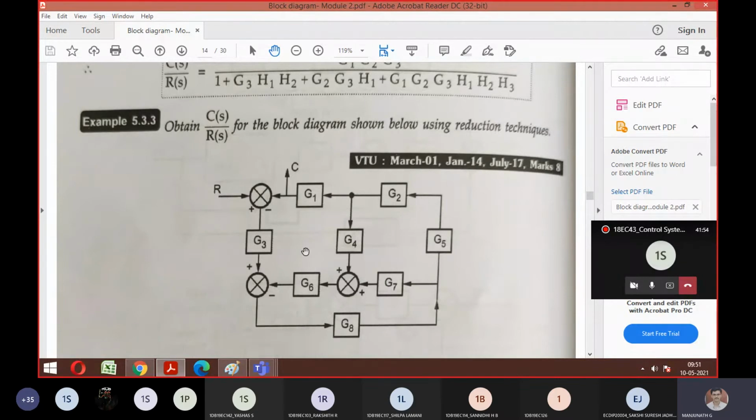If you get confused solving the problem in the same manner, you can rearrange this diagram. How to do the rearrangement, guys? What is the procedure you have to do? If I want to fix my input at the input level and C of S at the output level, what can be done?